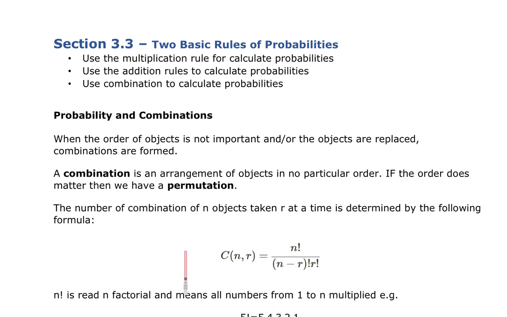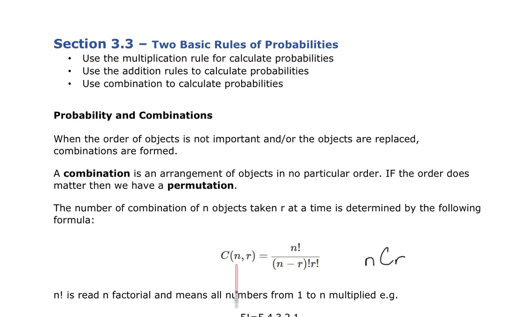The way in which we're going to find the total combinations is this: the combination of n choose r. You might also see this on your calculators, where you might have the n choose r button.